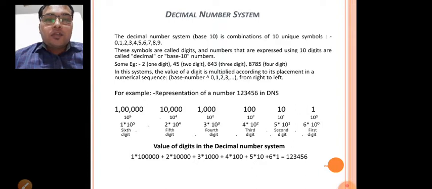In the last video lecture, I taught you about the introduction of data representation, numeral systems, and the digital number system, in which we studied the decimal number system.